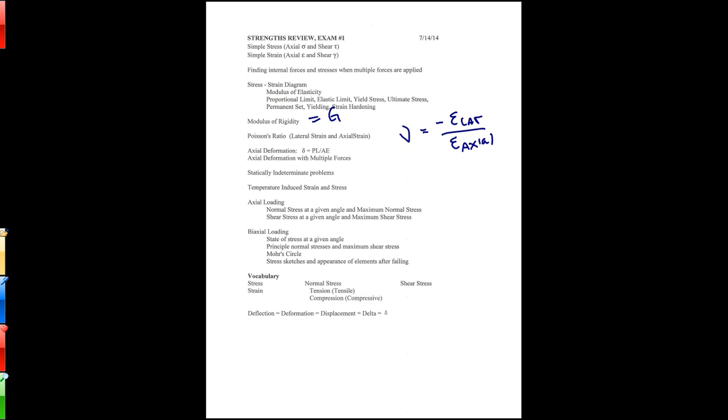Statically indeterminate problems: you want to be able to recognize those and then do the statics and then do the strengths to solve them. Temperature induced stress and strain. And then we did the axial and then the biaxial stuff.